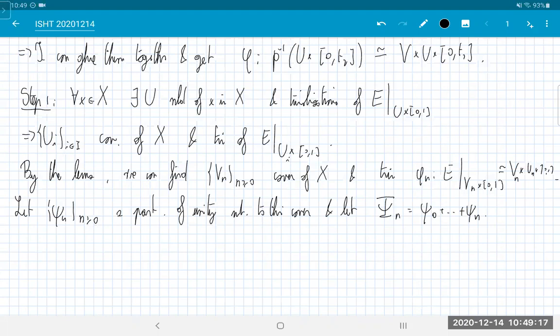So this is a sequence: you start with 0, less than Psi_0, less than Psi_1, etc., and the supremum is going to be 1. Do you want the cover to be countable? Yes, I mean, the V_n is the cover given by this lemma. That's why I wanted it to be countable, because I want to do this trick.